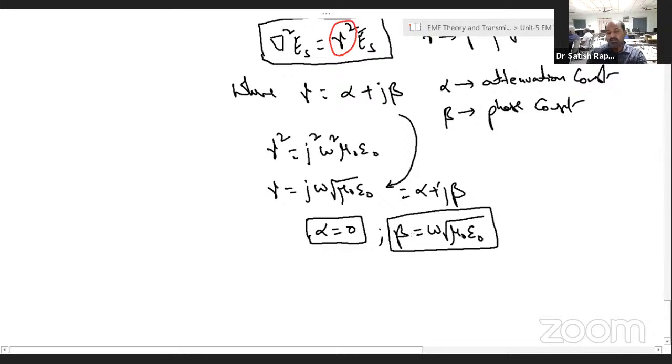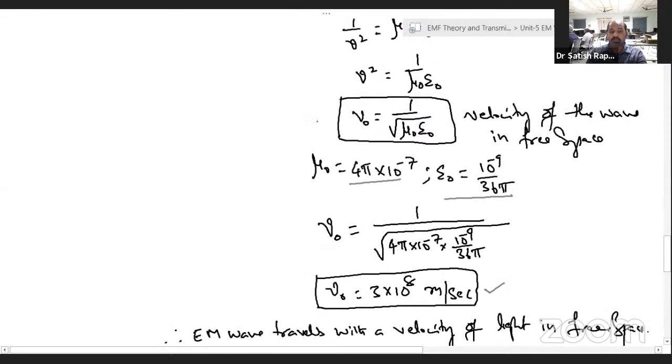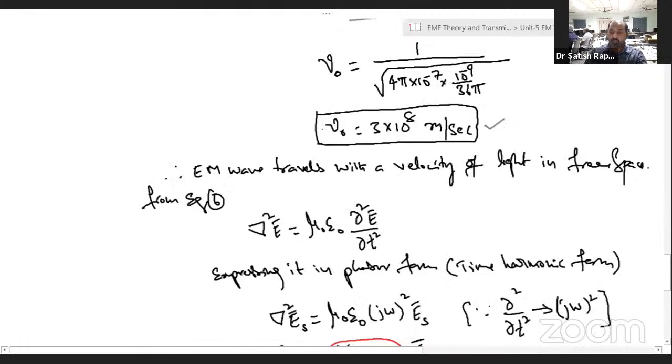The beta is equal to omega root mu naught epsilon naught, and beta is equal to omega by v naught, since v naught is equal to 1 by root mu naught epsilon naught. So here we have defined the velocity of the wave, v naught, is equal to 1 by root mu naught epsilon naught.